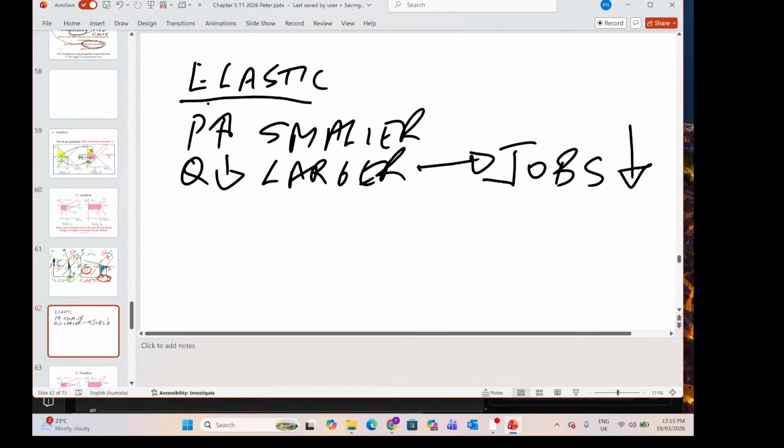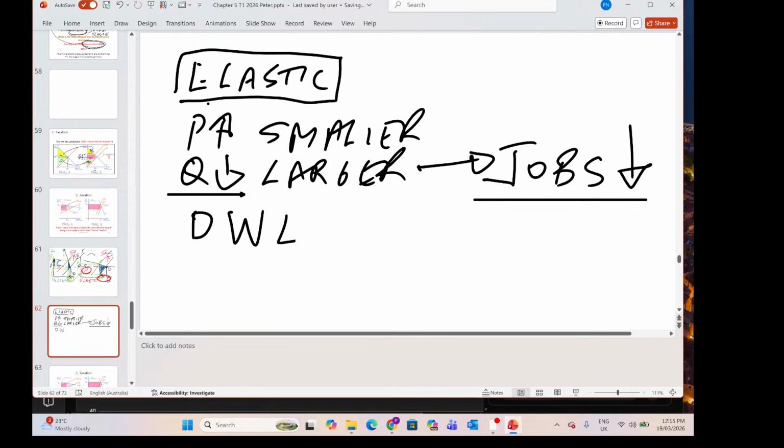So charging these indirect taxes on very elastic goods is going to do big damage to industry, because there's going to be a big fall in the quantity being traded, and therefore the industry is going to get smaller and jobs will be lost. And that's why we say the dead weight loss will be larger.